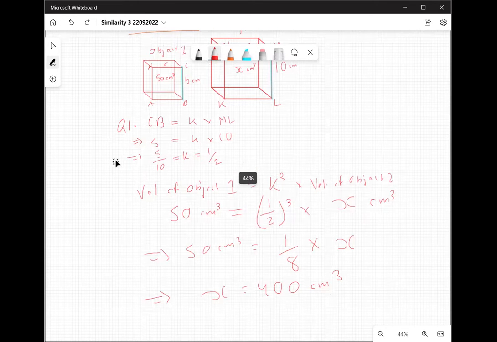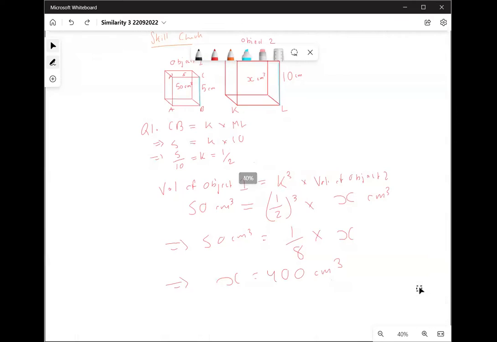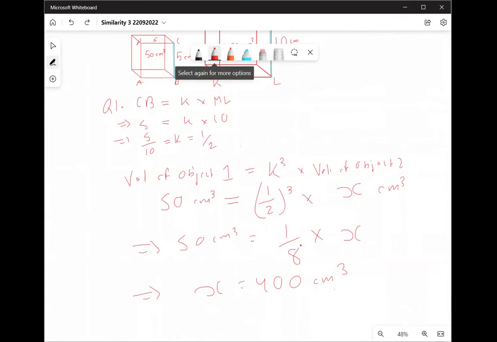Now you can ask me if you have any questions if you didn't get the correct answer. We divide them. From the bottom it will go to the top. So 8 was at the bottom here. This will go here and it will multiply. 5 into 8 will become 400.